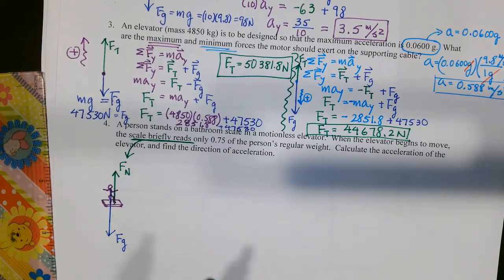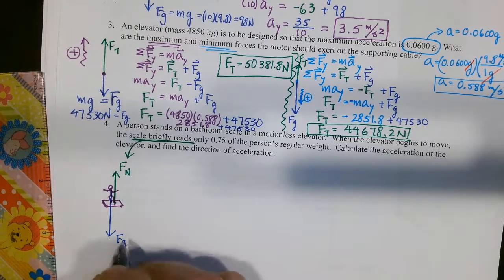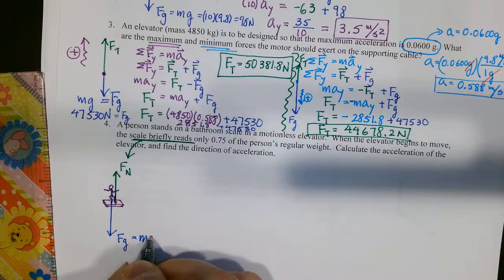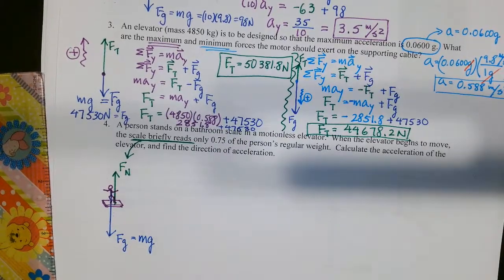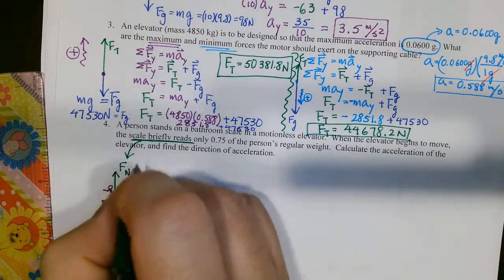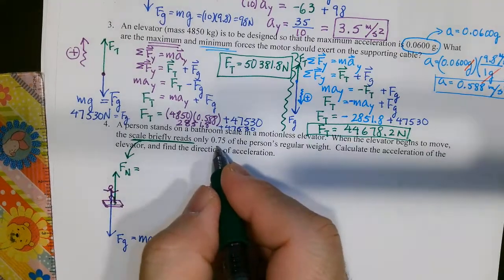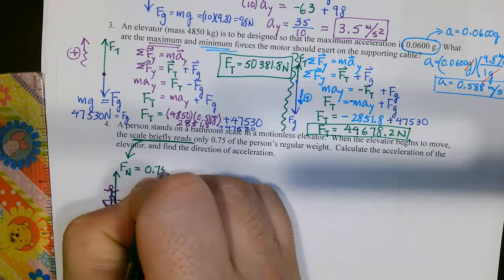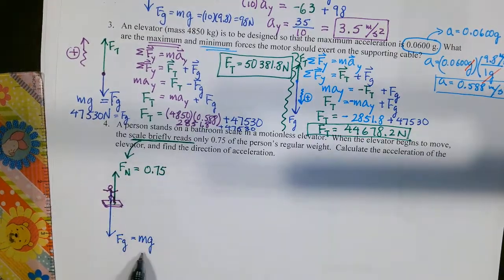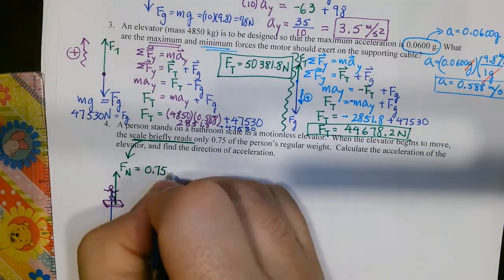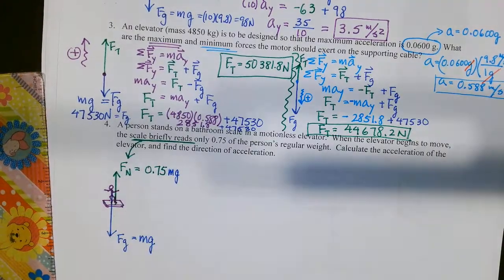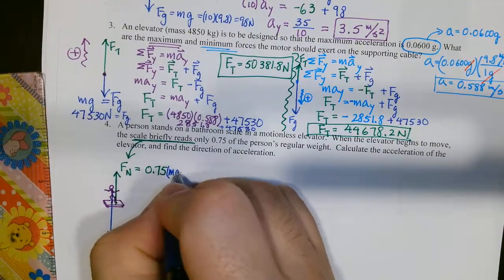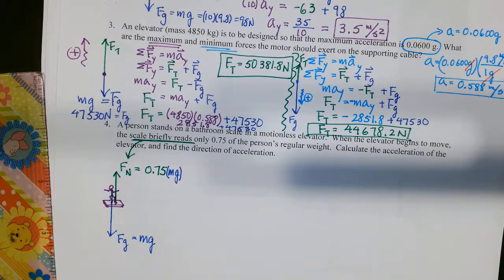And we don't even know the mass of the person. But I know the weight of the person is equal to mg. But this normal force happens to be only 0.75 of mg.